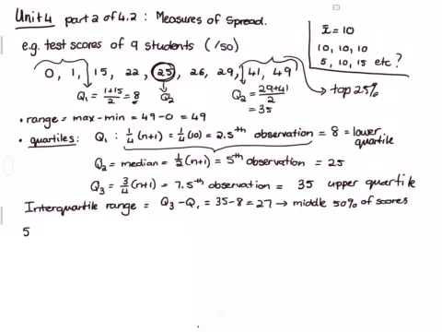Now, all of this we're going to put together in what we call a 5-point summary. I'm going to write them next to each other because of our shortage of space. Your minimum value is your first one. Your Q1 is your second value. Your median or Q2 is value 3.